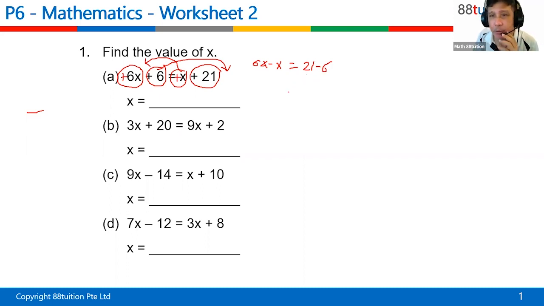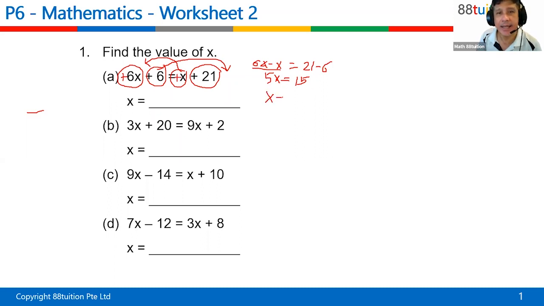Carl, are you able to follow? You get this? Okay. With this, now I can solve the 6x minus x. It becomes 5x. And of course, the 21 minus 6. Hang on, I'm writing using my mouse. 21 minus 6 becomes 15. Once I know 5x is 15, I can now solve for x.